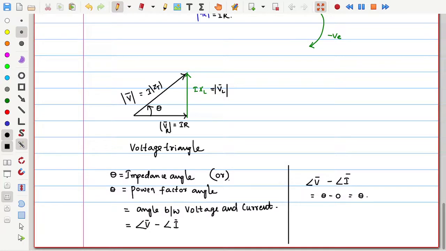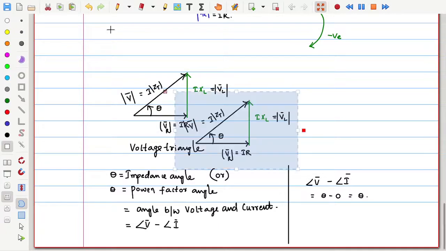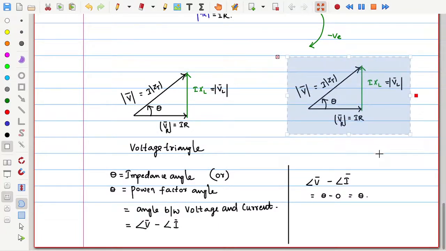Very important. Next, if we divide each side of this voltage triangle by current, then I will get one more triangle, which is very important. This information is very helpful in doing problems, so try to understand carefully.